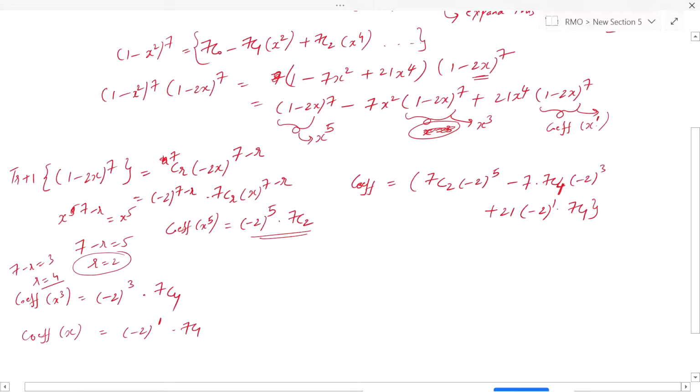Removing the x cube and x square, I have just written the values. See, minus 7 I have written, and its coefficient, this one. So minus 7 into 7c4 into (minus 2) cube. Okay, correct, got it. So one question you tried out completely.